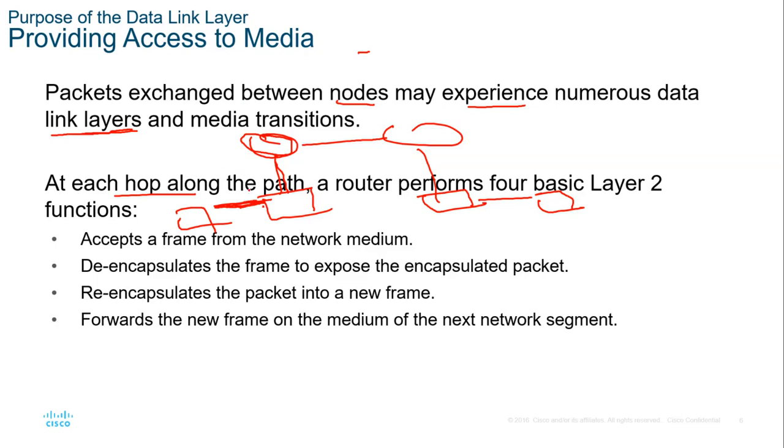It goes through the data link layer, and the reason it has to go through all those processes is to be checked, to get to know the sources and the destinations. So at each hop along the path, a router performs four basic layer 2 functions.